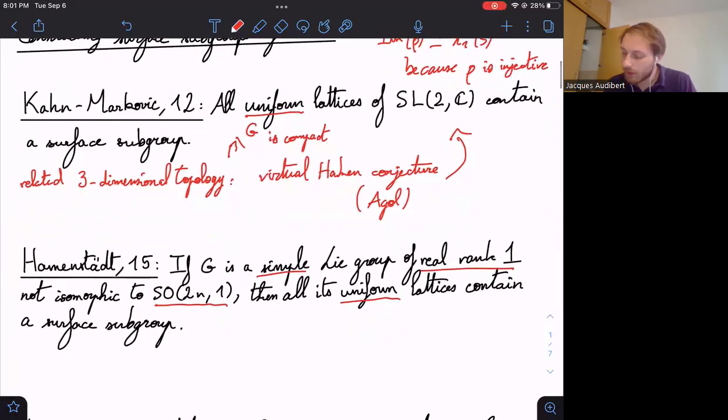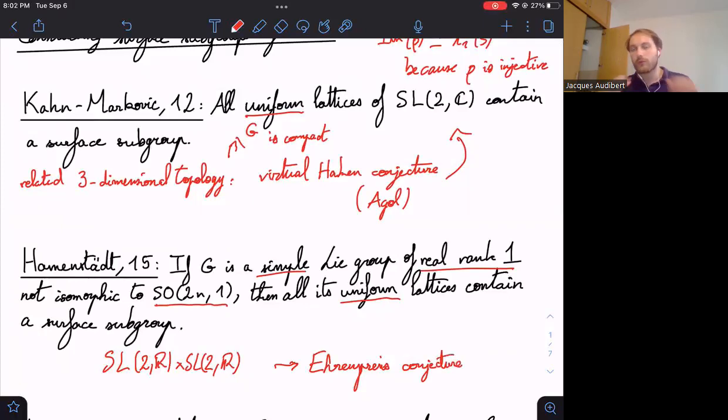In the same year, Kahn and Markovic are able to prove a similar result for lattices of SL2(R) times SL2(R), and use this to deduce something called the Ehrenpreis conjecture, which is about comparing two Riemann surfaces.